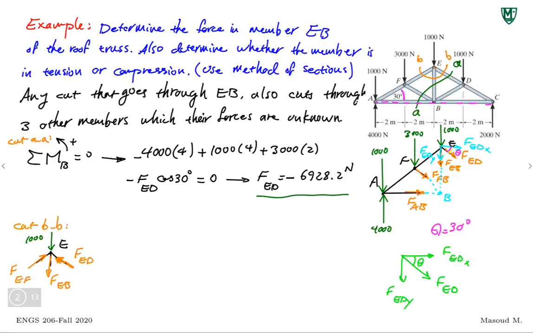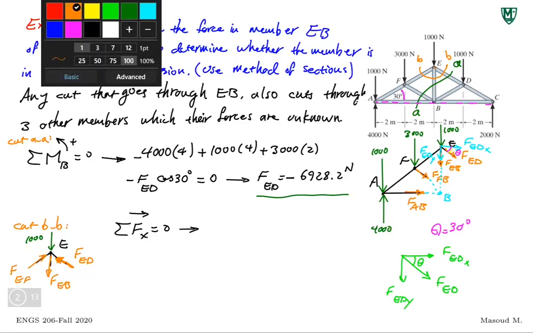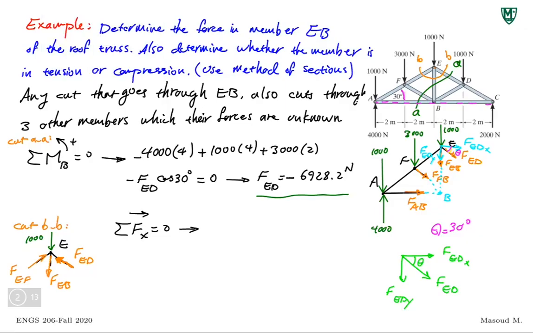Yeah, I know. This is pretty much method of joint. As I said, I'm cheating. Summation of forces in x is equal to 0. We already know this angle is 30 degrees. Right there, 30 degrees. So I call this theta. So what I get is FEF cosine 30 degrees minus FED cosine 30 degrees is equal to 0.